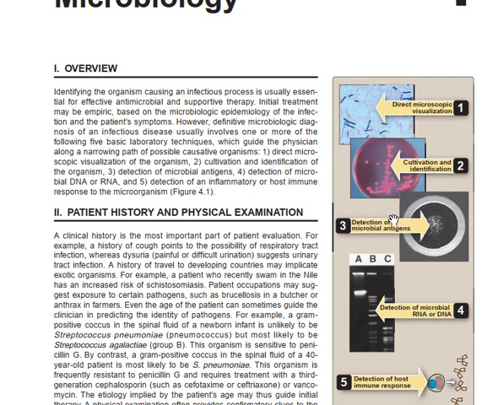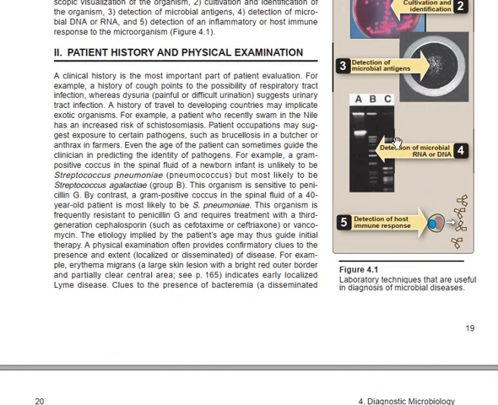The next one, you have detection of microbial agents. So you have other methods, detection of microbial antigen, and an example of detection of microbial antigen can occur by PCR or by the use of certain molecules. The next one, you have detection of microbial RNA and DNA, still by PCR. This one, detection of microbial antigen, is for example the Treponema pallidum hemagglutinin assay, which is used for the detection of Treponema pallidum.